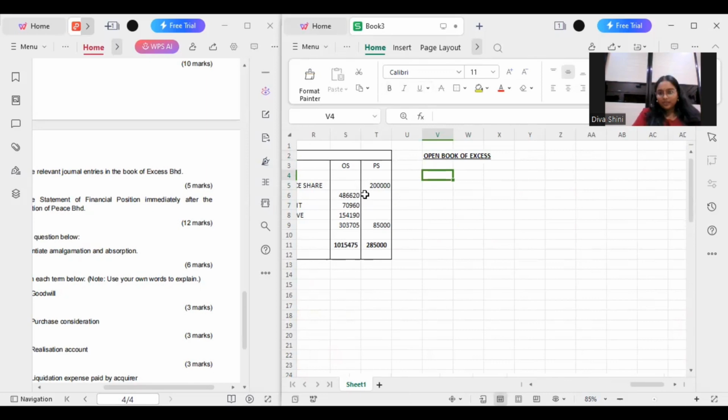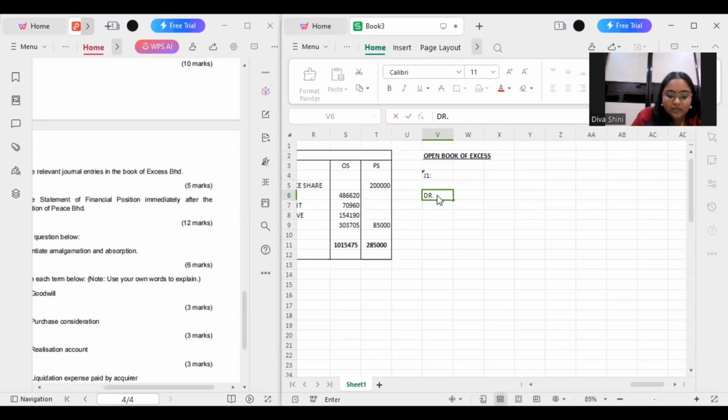Okay, first the journal entries for SME. We need to do a total of four journals in the open book of SME. So for journal one, it will carry out the purchase consideration. So in the open book, we need to transfer the purchase consideration to the business purchase account.